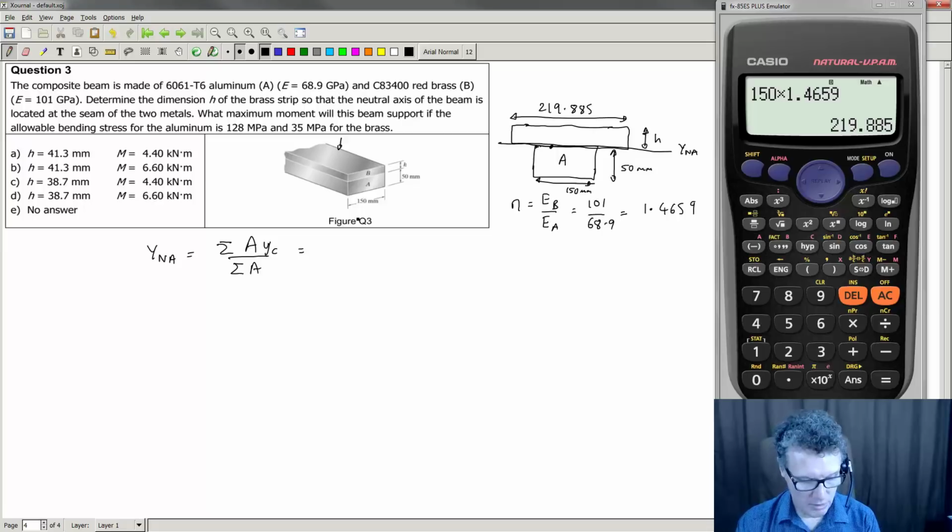If this is where my neutral axis is going to be, I know the centroid, the y_c to get from there to there is going to be, actually no, I'm going to do it from the bottom, aren't I? So this will define my y equals 0.